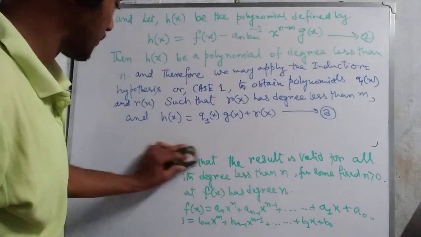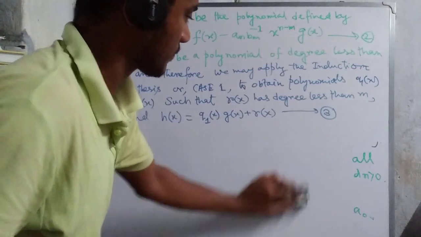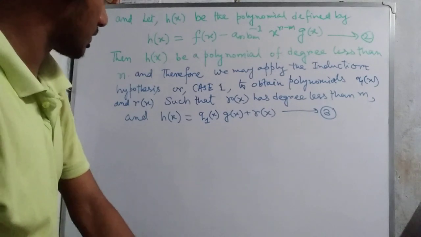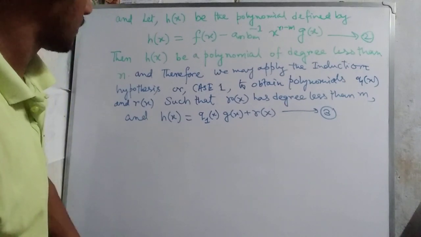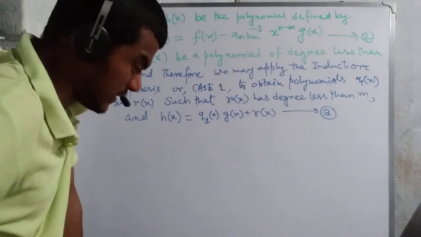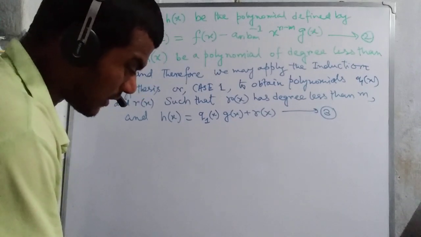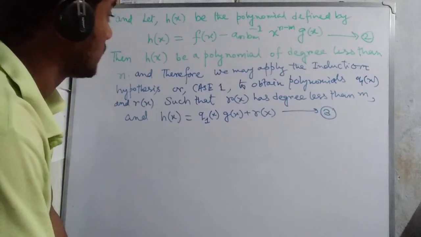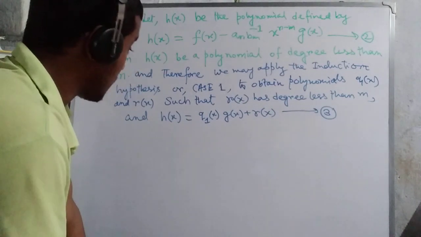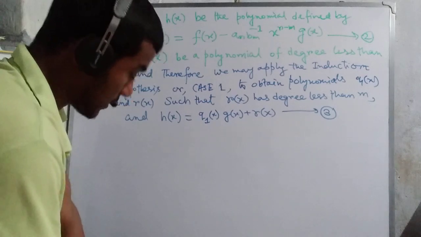Then, going to further discussion of that, this one we get. What happens here is that h(x) equal to q1(x) g(x) plus r(x).